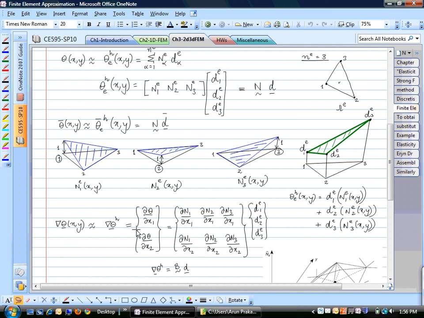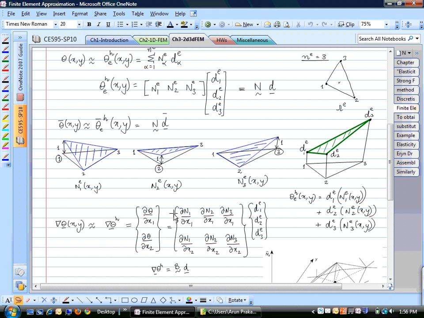We said that the temperature gradient vector is simply the derivative of the temperature with respect to x1, and the derivative of temperature with respect to x2. And if you use the approximation N times d, then the temperature gradient can be written in terms of B times d, and this becomes your B matrix.